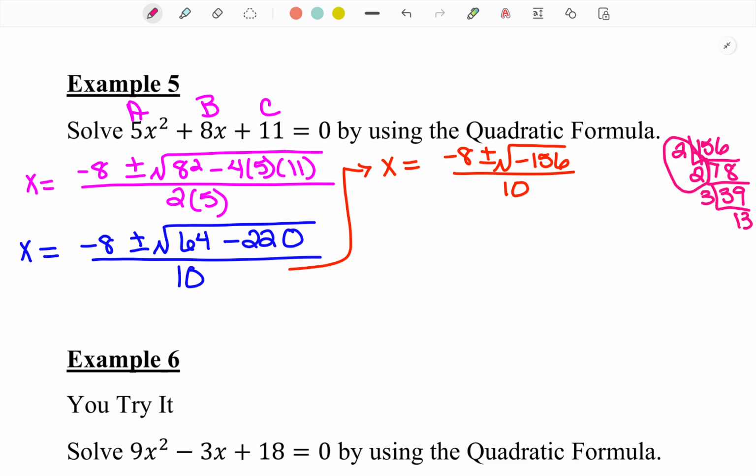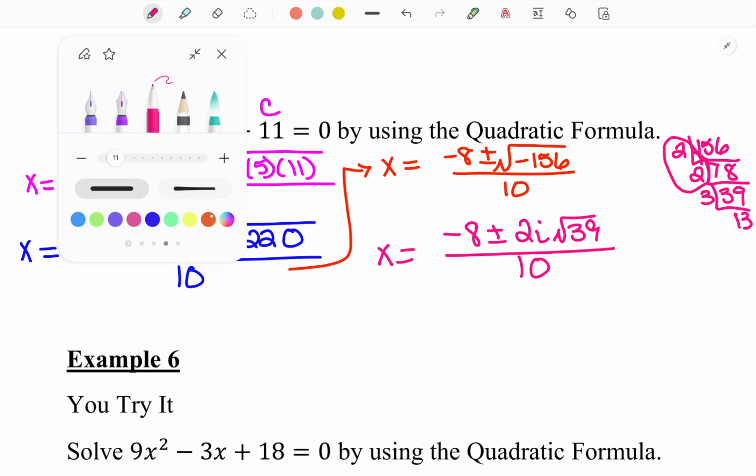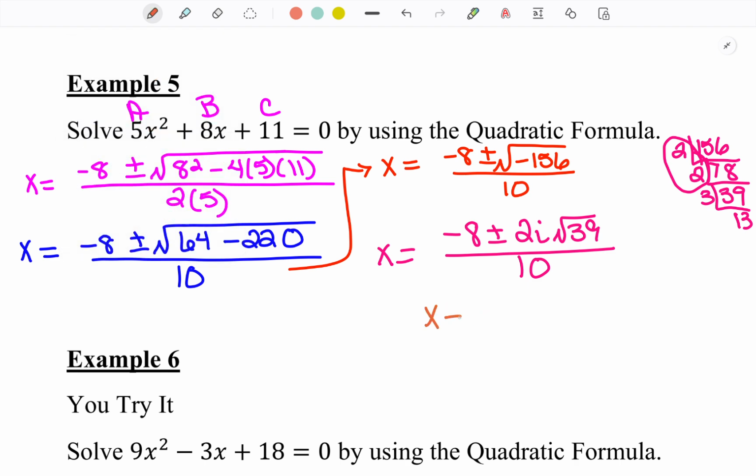So we have a pair of 2's, and 3 and 13. We do need to also take out the negative. So we have -8 plus or minus 2i square root of 39 over 10. Now this will reduce by 2. So this will leave us with x equals -4 plus or minus i square root of 39 over 5.